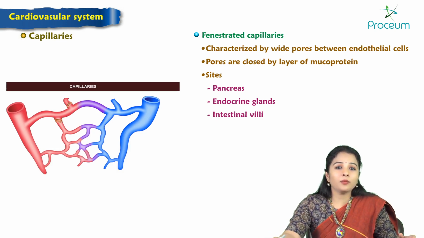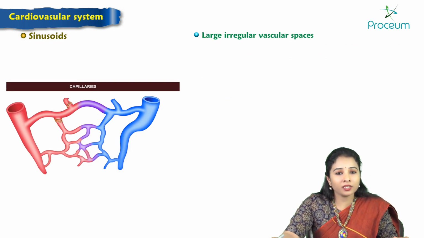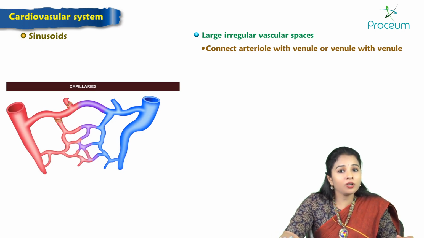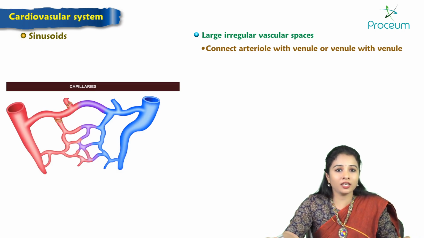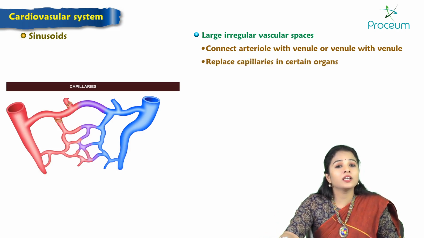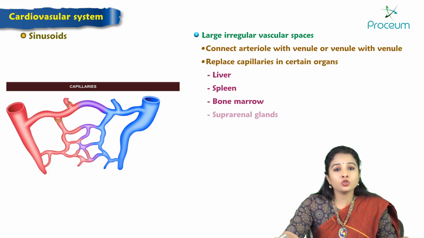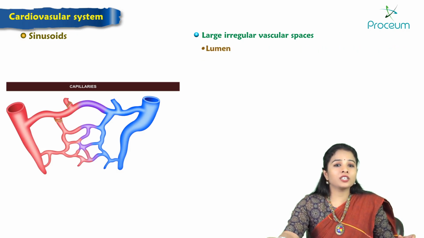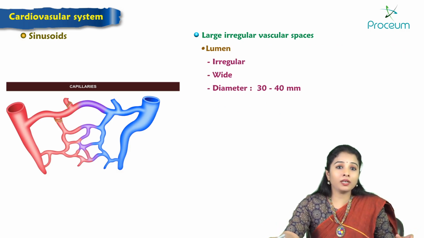Next, about sinusoids. Sinusoids are large irregular vascular spaces which connect arteriole with venule or venule with venule. These sinusoids replace capillaries in certain organs such as liver, spleen, bone marrow, suprarenal glands, parathyroid glands, etc. The lumen of the sinusoid is irregular and wide, about 30 to 40 micrometers in diameter.